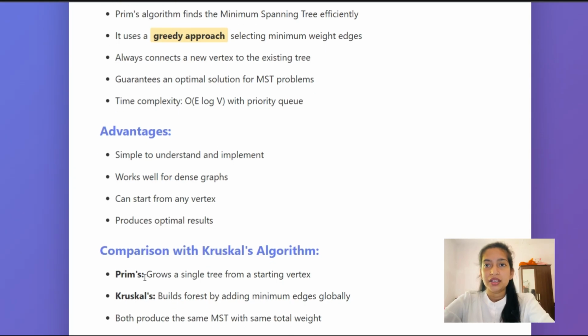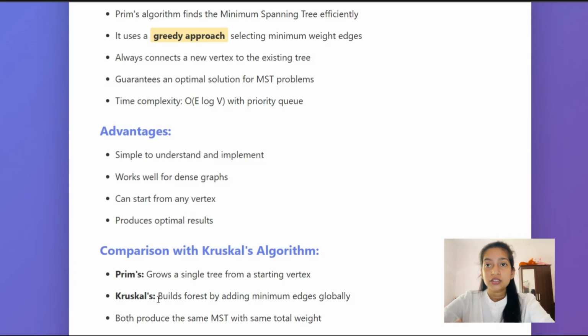Now, you might have heard of Kruskal's algorithm. That's another algorithm for finding MSTs. So, what's the difference? Prim's algorithm grows a single tree from a starting vertex, adding one vertex at a time.